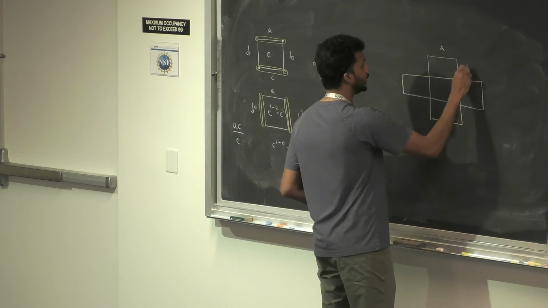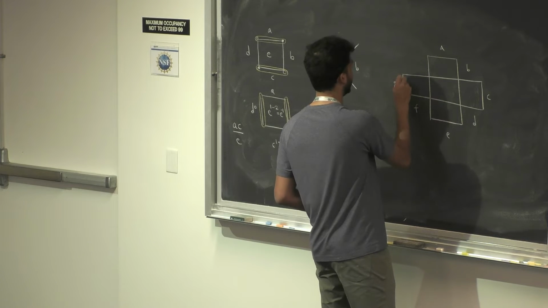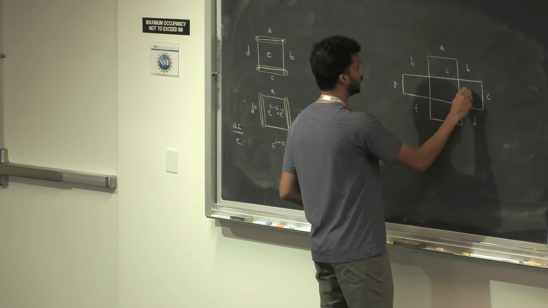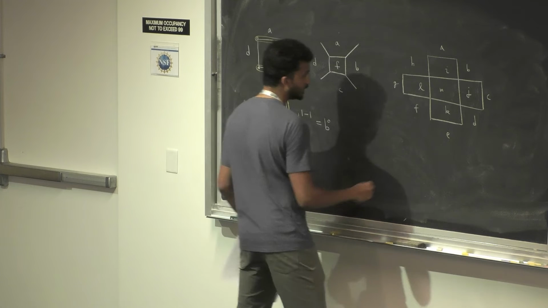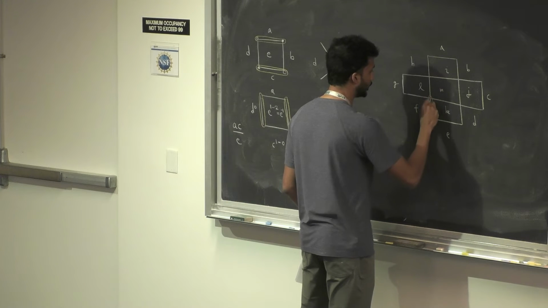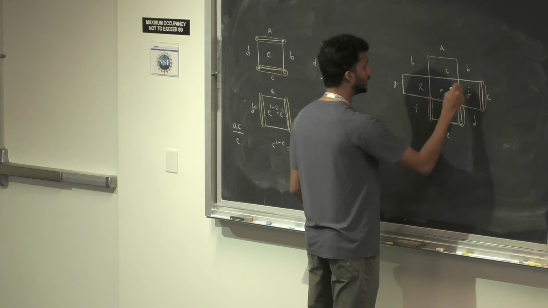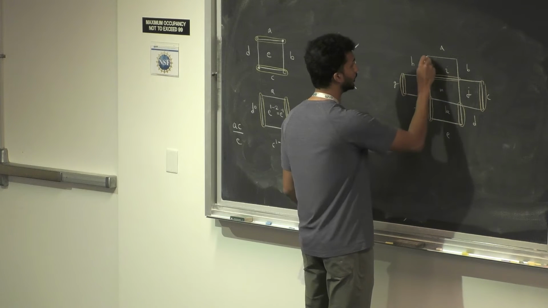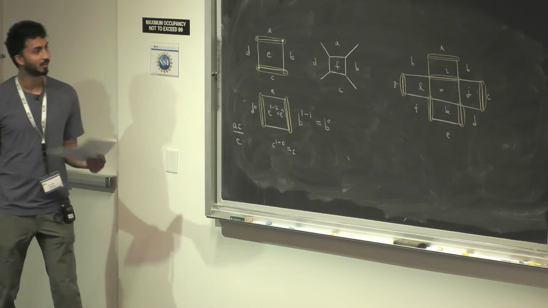So we had A, B, C, D, E, F, G, H, I, J. So let's take a perfect matching of this. I'm just picking one arbitrarily. So this is one of the many perfect matchings of this.